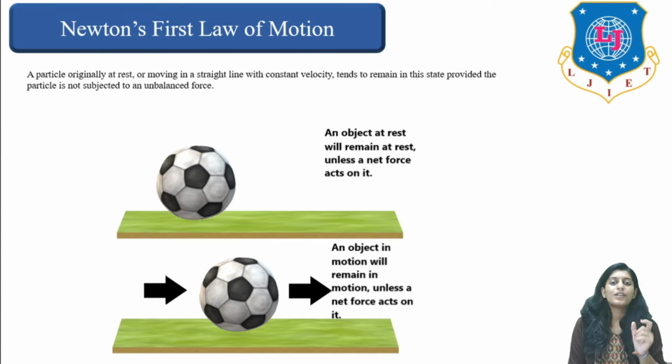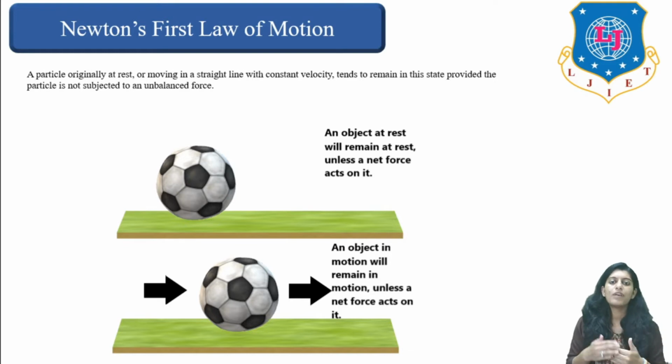So the unit of force, which is Newton, is named after a scientist, Sir Isaac Newton. And that scientist has given us 3 different laws associated with force. Those 3 laws are termed as Newton's first law of motion, Newton's second law of motion, and Newton's third law of motion, right?